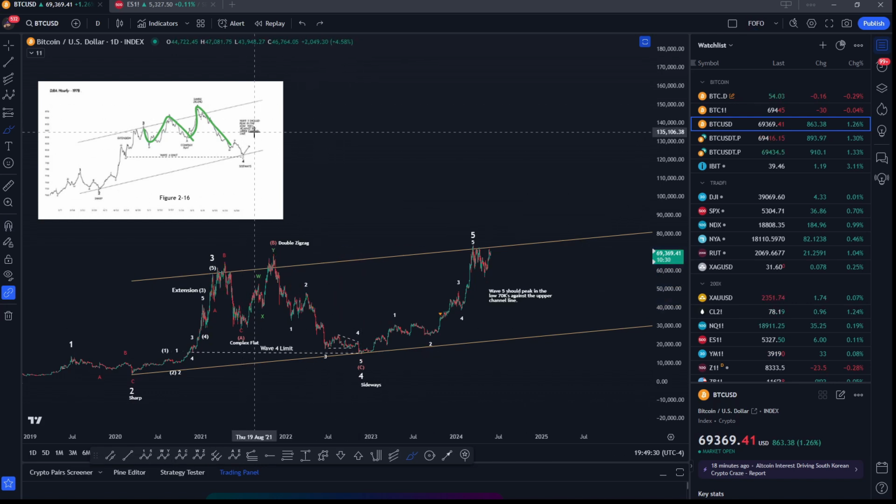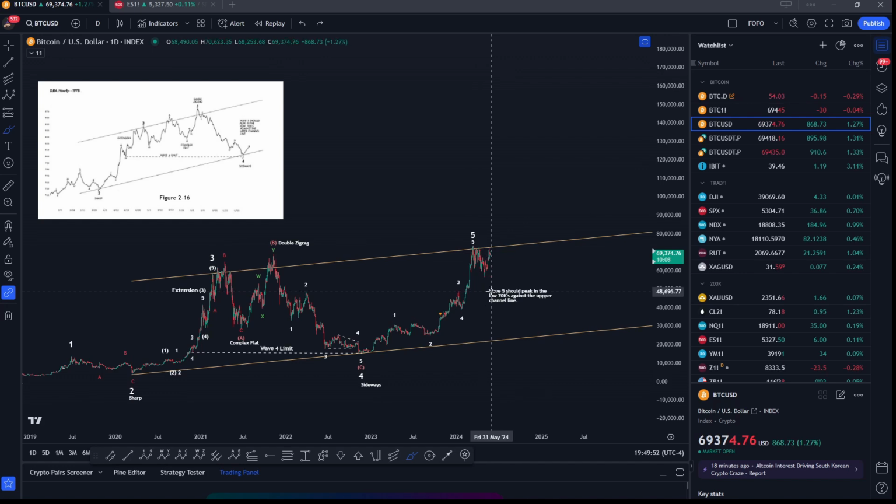Now this note here, it's kind of hard to read because I just copied and pasted it out of the book. But what it says is wave 5 should peak in the low 900s. On this chart, this is an hourly chart, so the low 900s of the Dow, against the upper channel line. I've modified that slightly to fit Bitcoin.